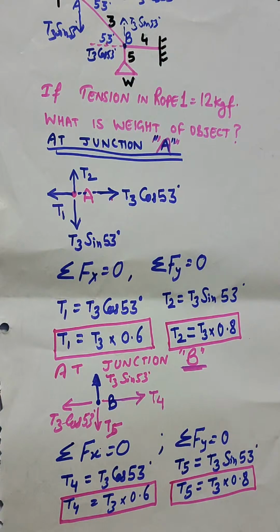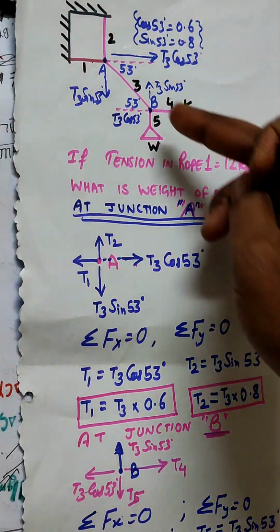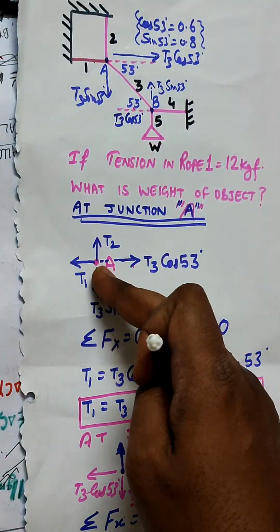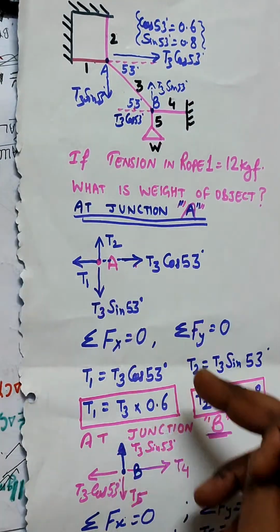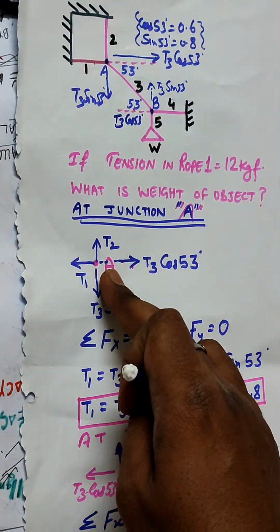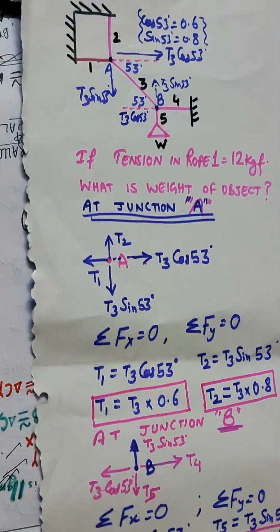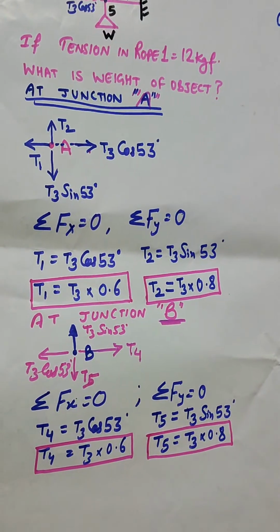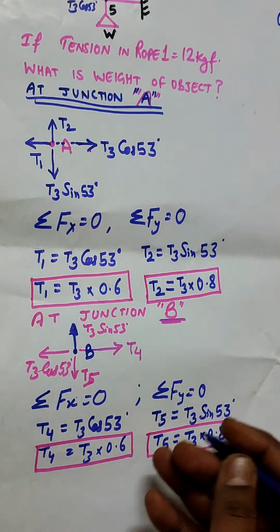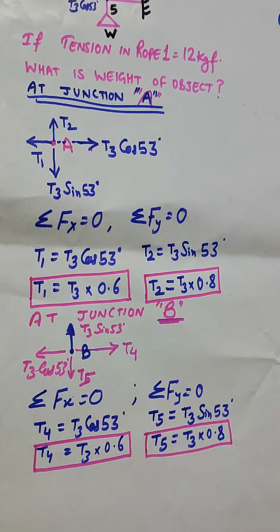Through the free body diagram at the junctions, the components of forces at junctions A and B we have evaluated and come up with these four equations. Now just solve these four equations.